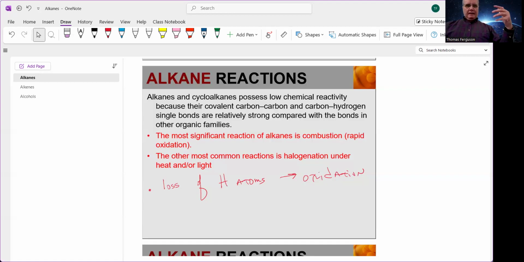Now, oxidation, I know you covered in 305. Who remembers what oxidation is? Does anyone remember what oxidation is?